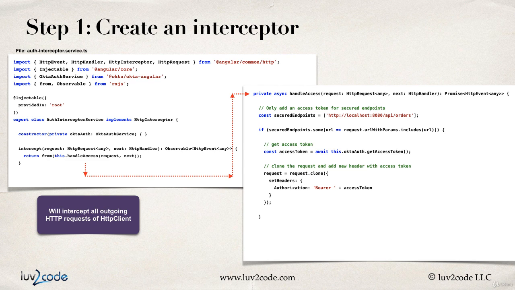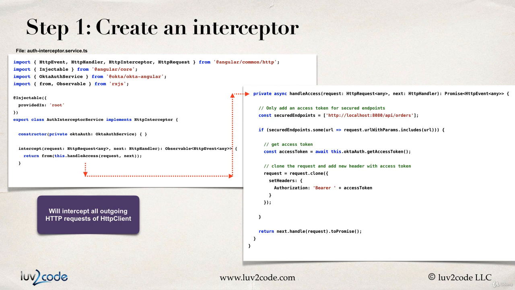Now, you may wonder, why am I cloning the request? Well, the request is immutable. That means that you can't change the request directly. The only way you can make changes here is to create a copy of that request and then make your changes accordingly. So that's why we do a request.clone, and then we add in new headers there. That's the reasoning for that coding syntax.